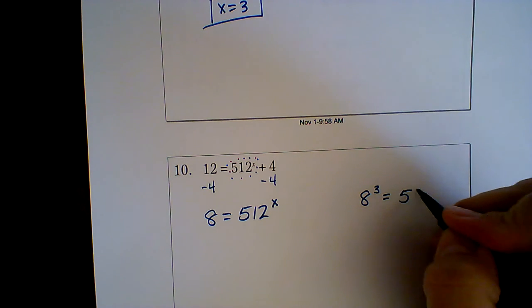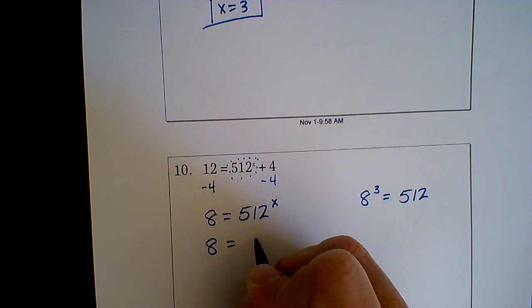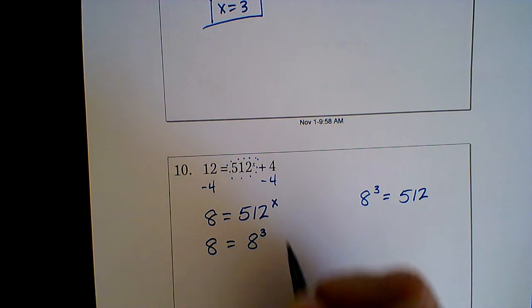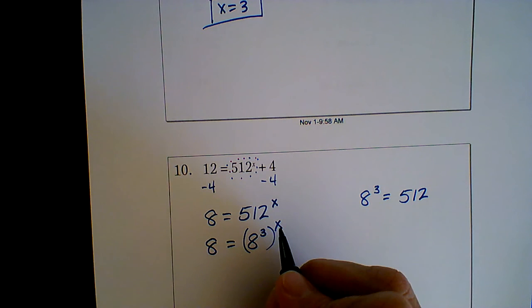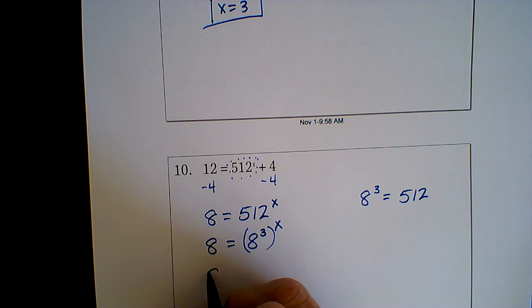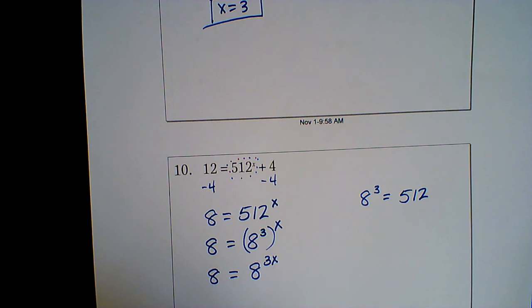Oh, there it is, 512. So 8 equals 8 to the 3rd, and that's being raised to the x. So I have a power to a power again. 8 equals 8 to the 3x.